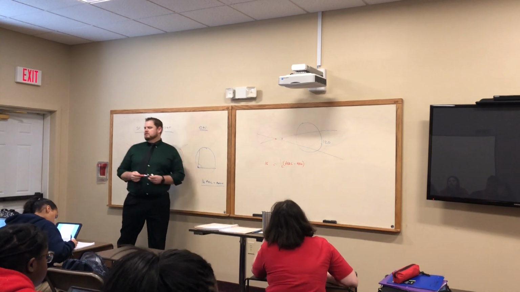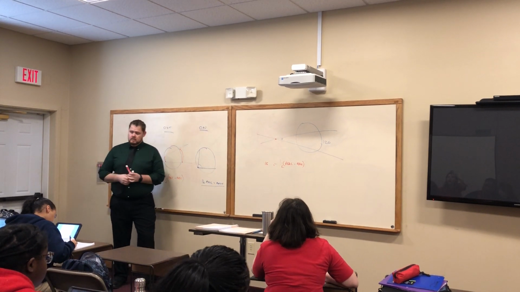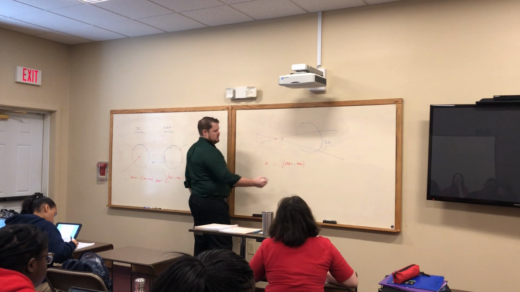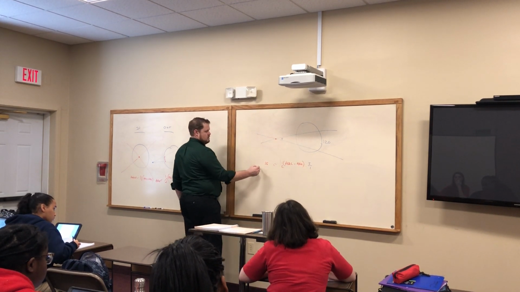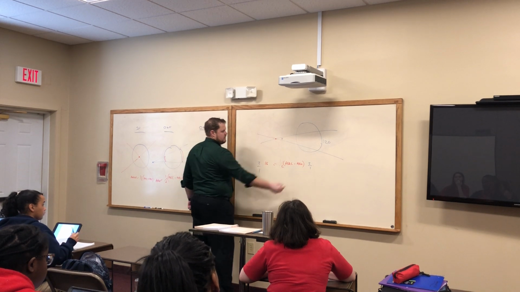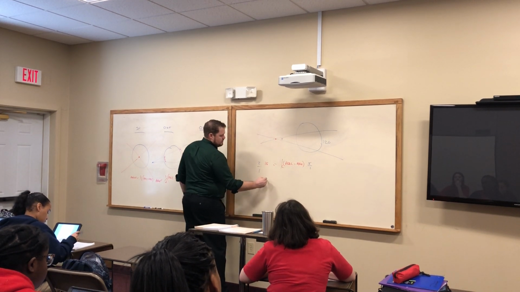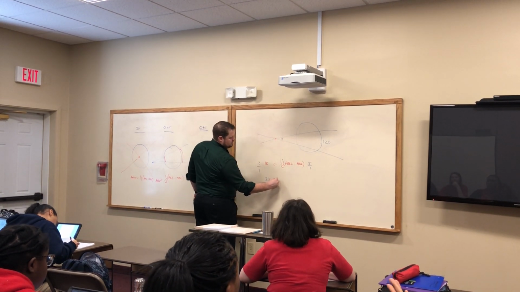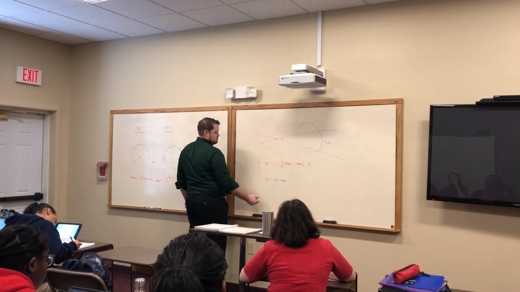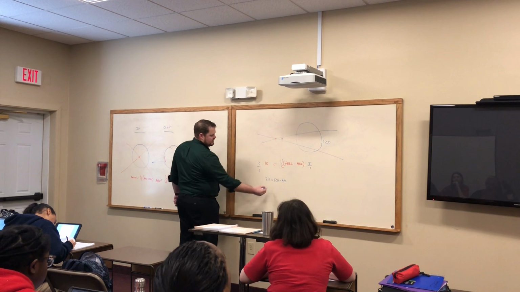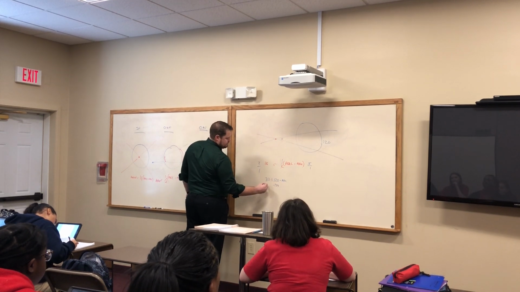So what do we do first? So you have 15 equals 1/2 times 120 minus arc. All right, get rid of the 1/2, right? So 30 equals 120 minus arc, right? Then subtract 120.